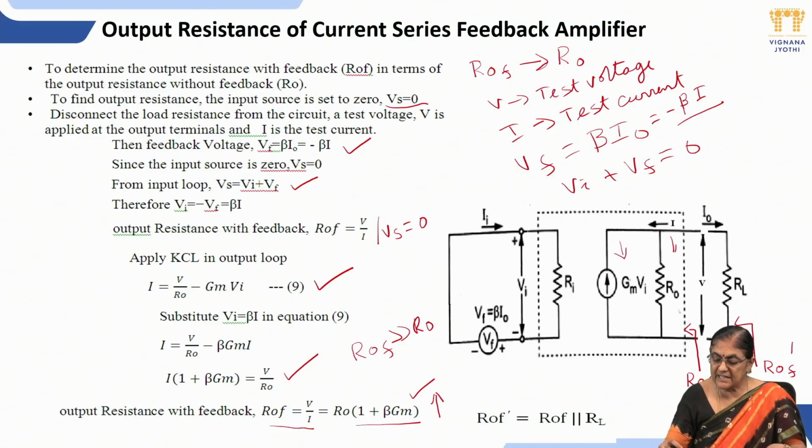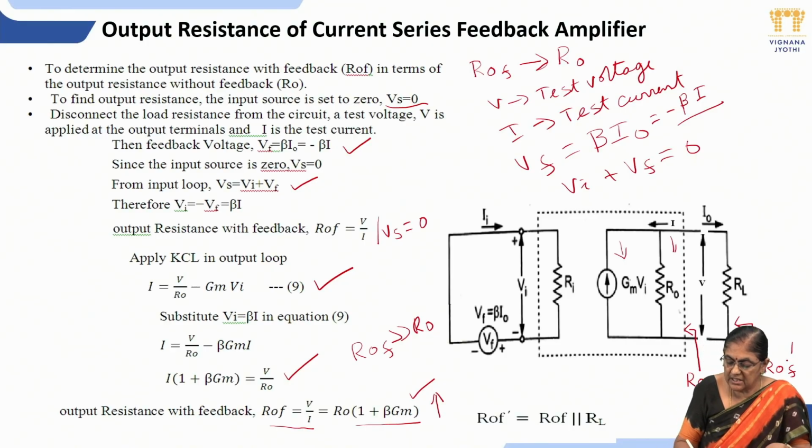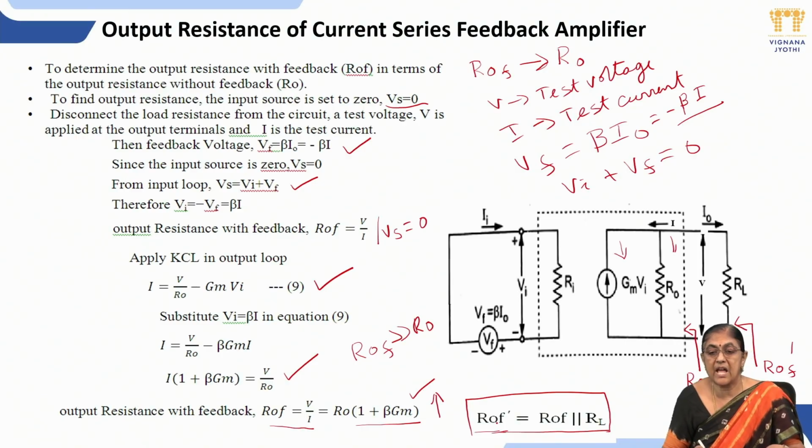The circuit present between these two terminals can be replaced with R0F. Then what is the expression for R0F dash? R0F dash is R0F in parallel to RL. What is the name of R0F dash? Output resistance with feedback including load resistance.